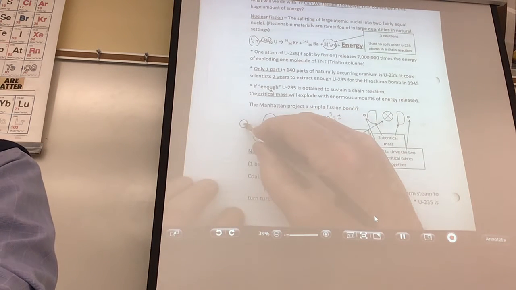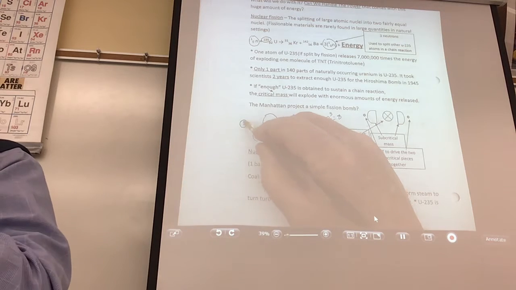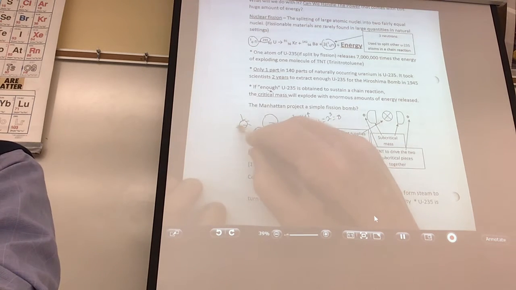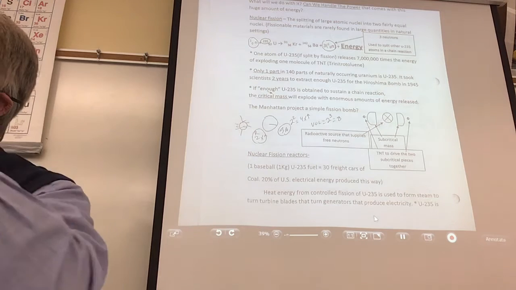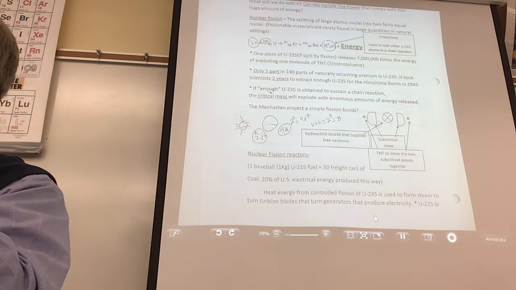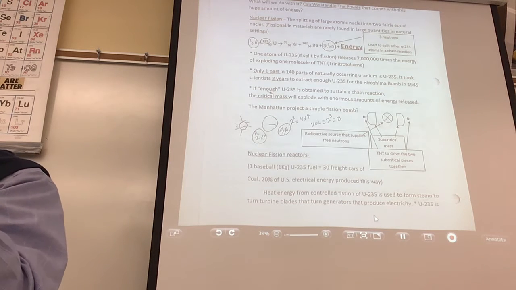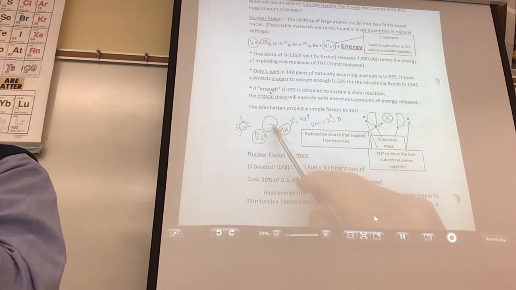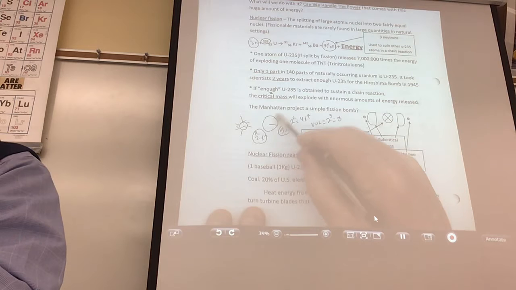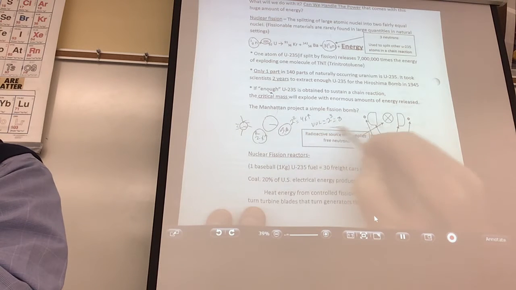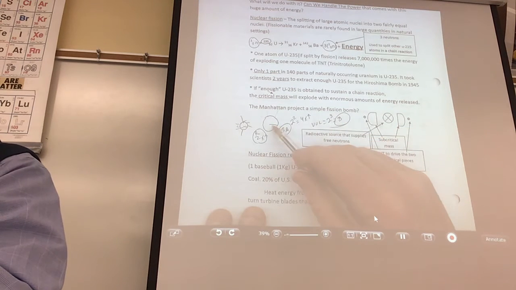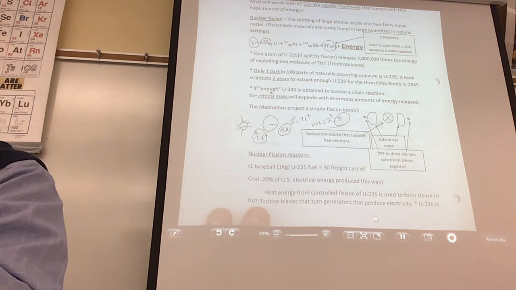If you have a little ball of uranium-235, you're not going to make a bomb, because it has so much surface area per volume that the neutrons leak out and won't go in and start a chain reaction with other atoms. As you get bigger, a certain amount will leak out, but compared to the amount in there, not enough leak out, and a chain reaction will take place, and you'll have a bomb.